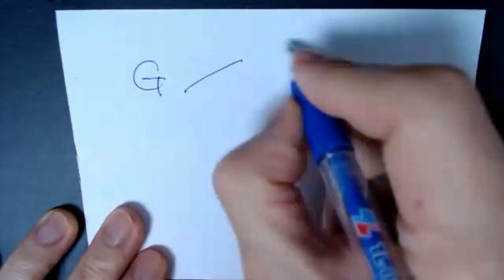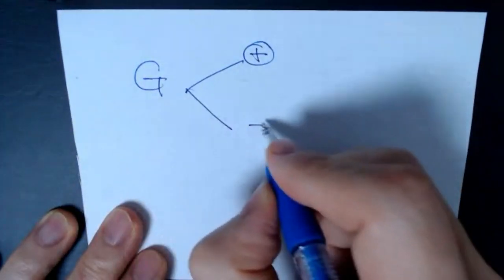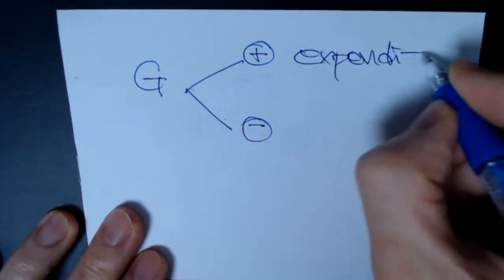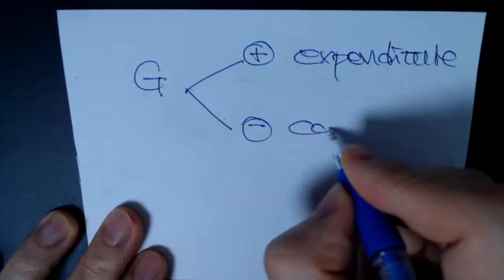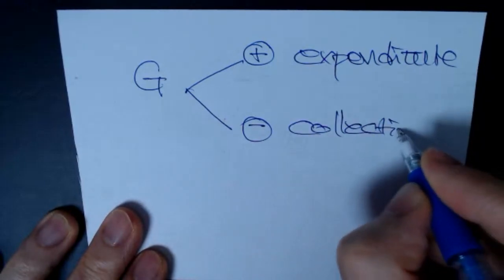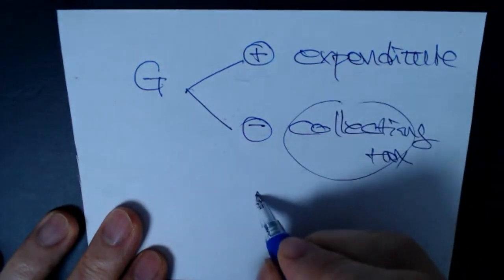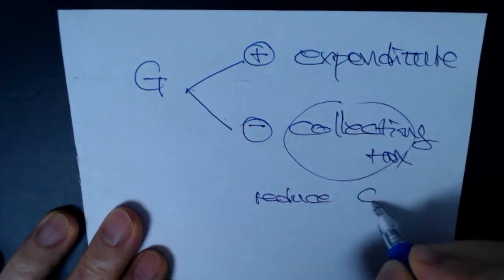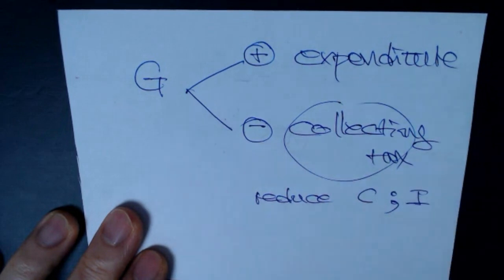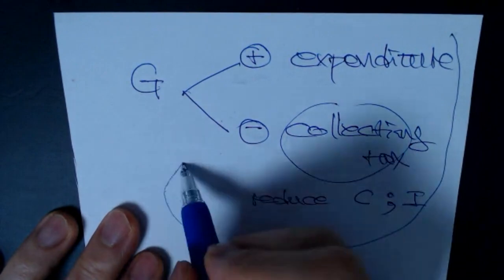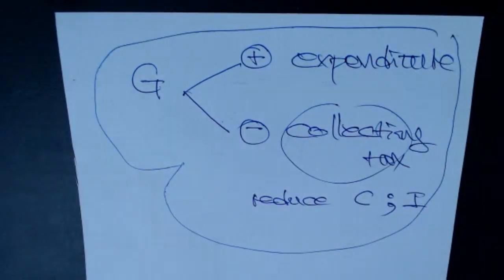Okay. So G again has a positive impact and a negative impact. Expenditure increases, but collecting tax reduces C and I. Okay. So this is the key you have to remember.